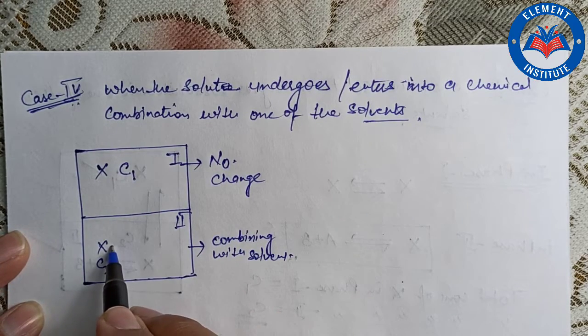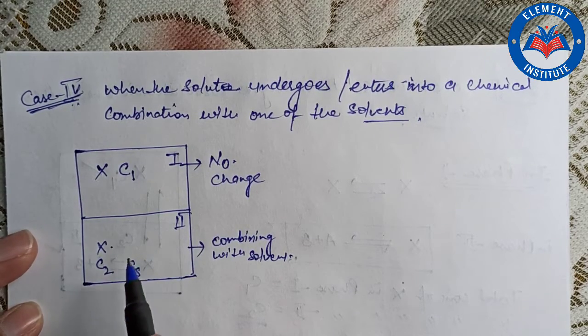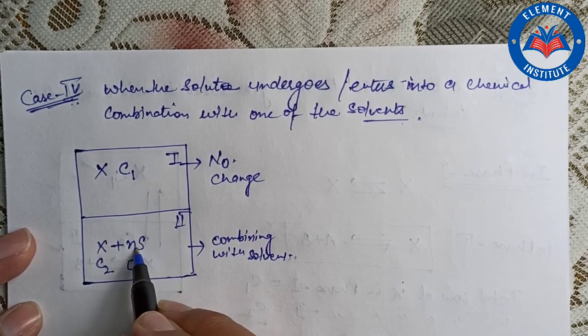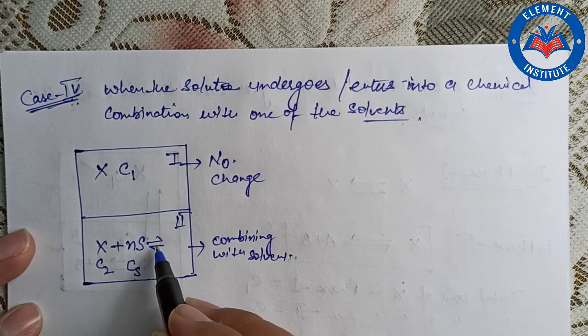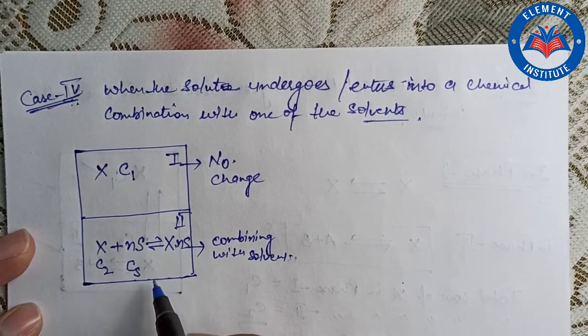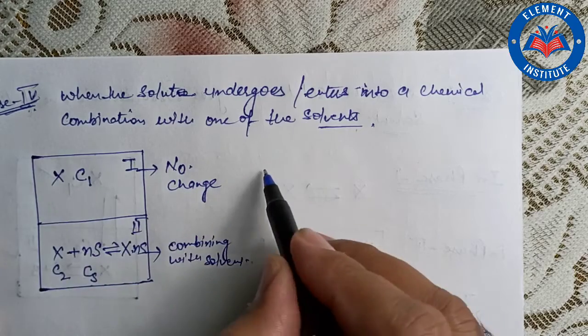So if we have the concentration of solvent in phase 2 as CS, then suppose n molecules of solvent are associated with X and forming a complex like XnS. So two types of equilibria will exist in this system.